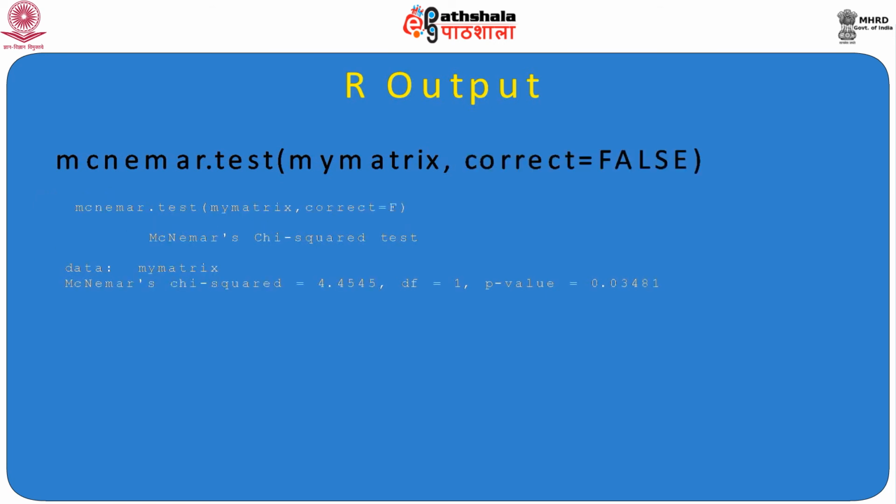If you put correct equals FALSE for the McNemar test, the earlier result of 0.07 was the chi-square test with the continuity correction factor.